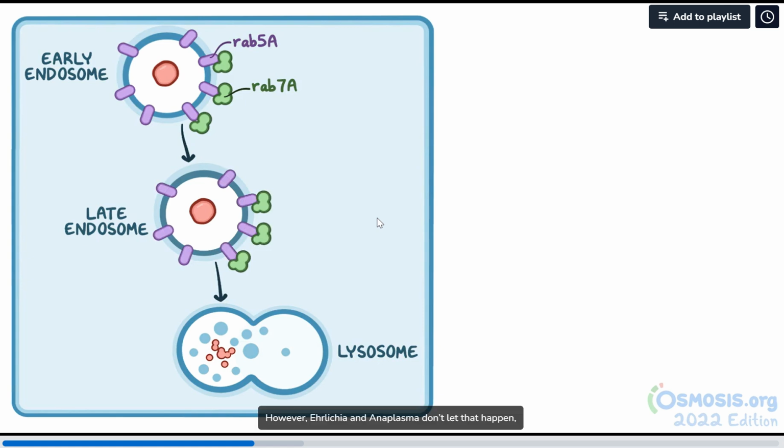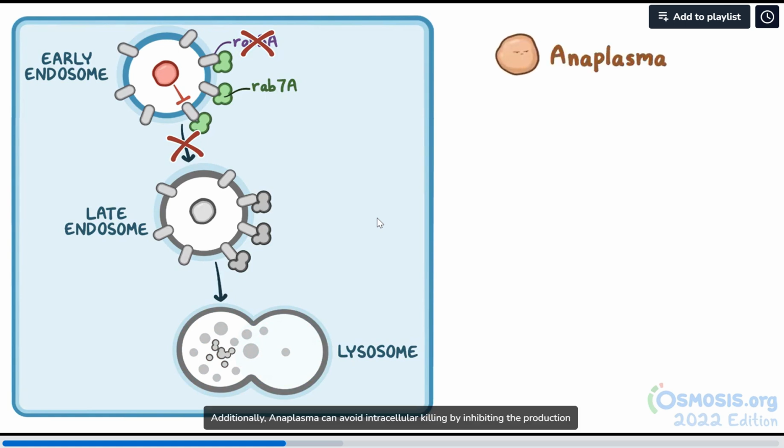However, Ehrlichia and Anaplasma don't let that happen, so it stops the production of RAB5A. How they do that is still unknown, but the end result is that the early endosome cannot become a late endosome, so it does not merge with the lysosome. Thus, bacteria avoid intracellular killing by lysosomal enzymes.